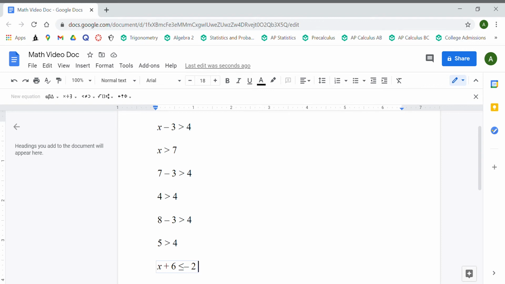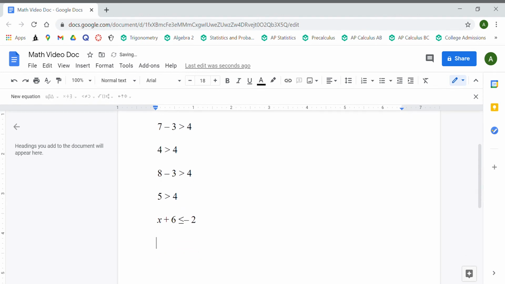Okay, so we're back, and hopefully you know that to solve this inequality, you should subtract 6 on both sides. And then you should have the solution x is less than or equal to negative 8. Then to graph it, we need to draw a number line.